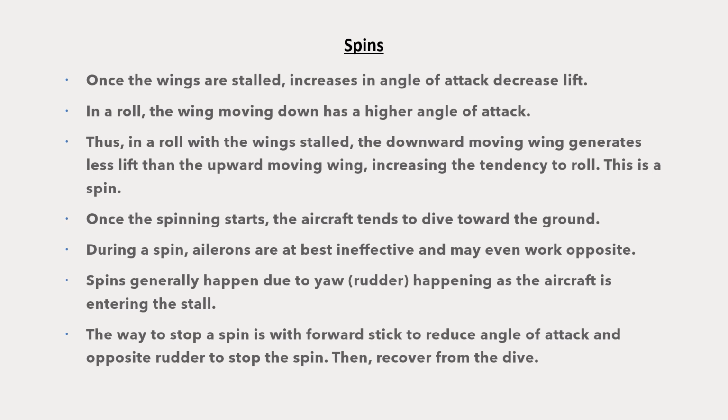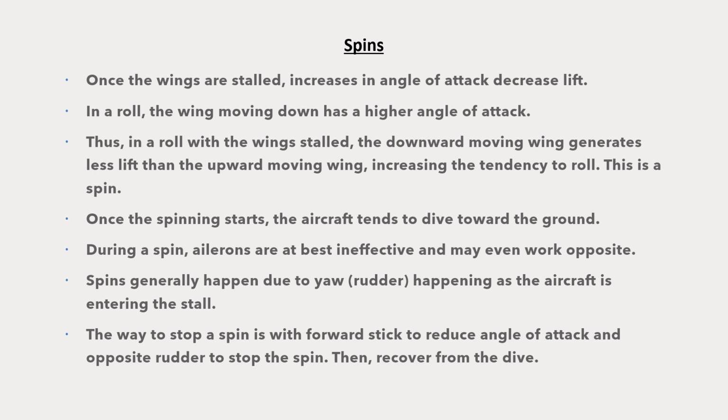The way to stop a spin is not what your intuition would tell you. People's intuition of what to do tends to be exactly opposite of the right thing, which is one thing that makes a spin very hazardous. When your aircraft is pointed straight at the ground, your intuition tells you you need to pull back on the stick to pull out of that.